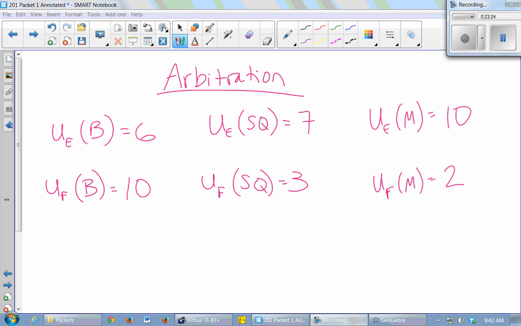Okay, so because we asked them to do this completely randomly with no guidance, to determine if Ellen and Frank's utilities are actually equivalent, there has to be some kind of line that links them. Think of these as points, Ellen and Frank.